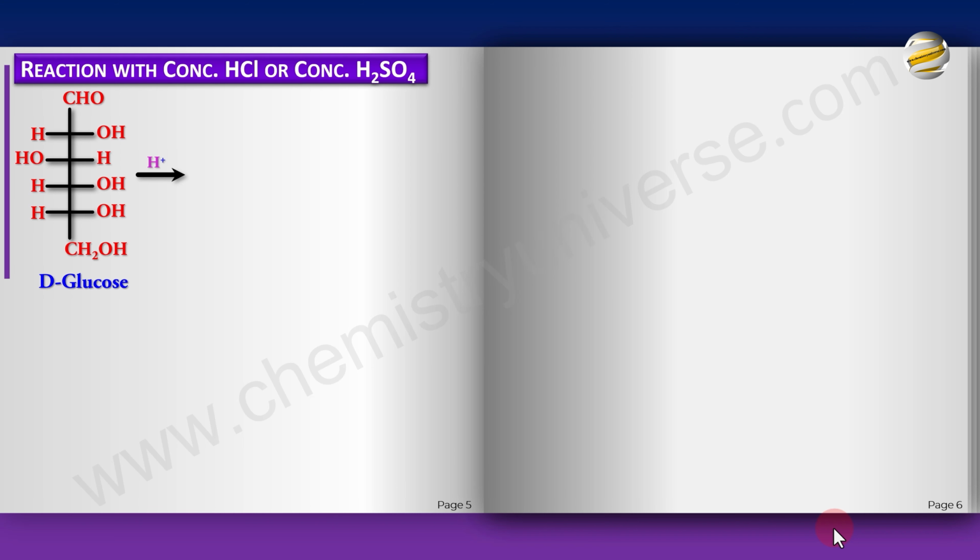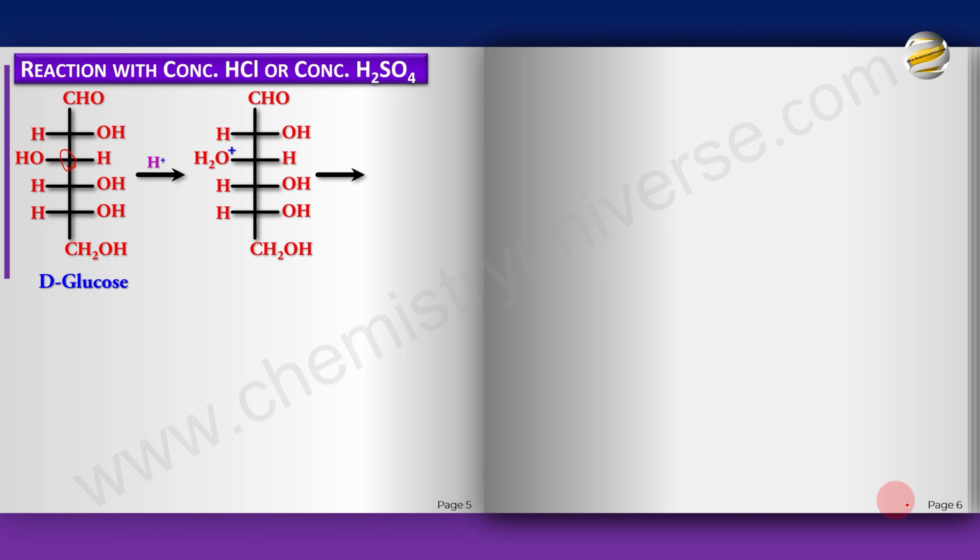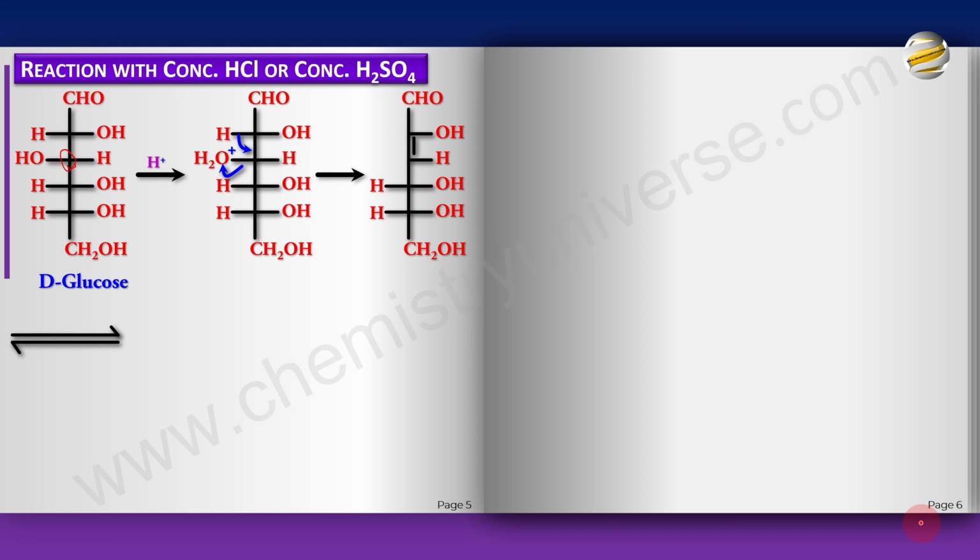When we treat it with an acid, the OH on the 3rd carbon, that is this carbon, would get protonated, and then elimination will take place, and that will lead to an enol. This enol will tautomerize and give a ketone.